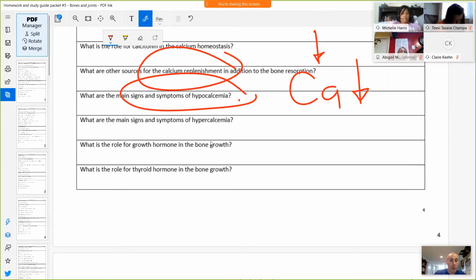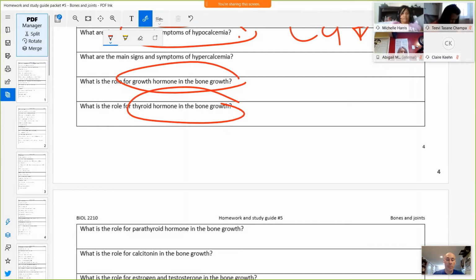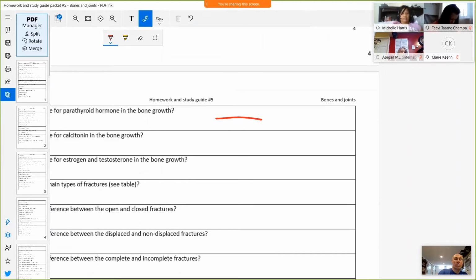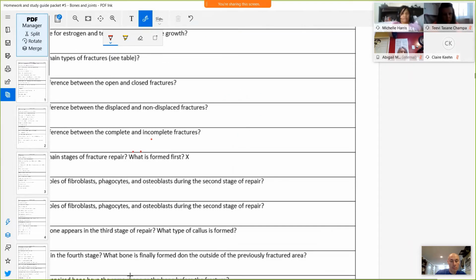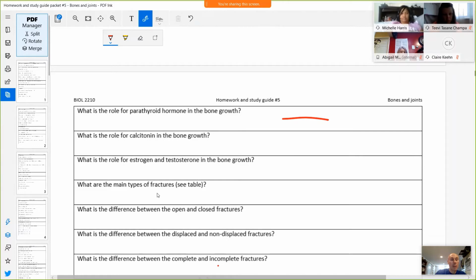Growth hormone stimulates bone growth. Thyroid hormone stimulates protein synthesis and promotes bone growth. Parathyroid hormone inhibits bone growth, preventing it because it depletes calcium from the bone.